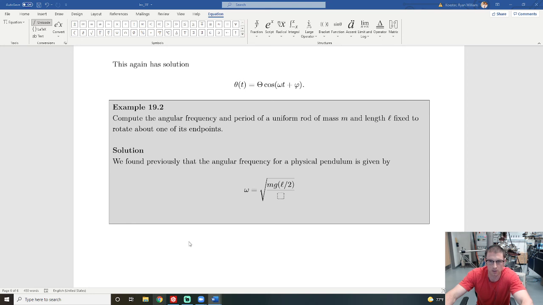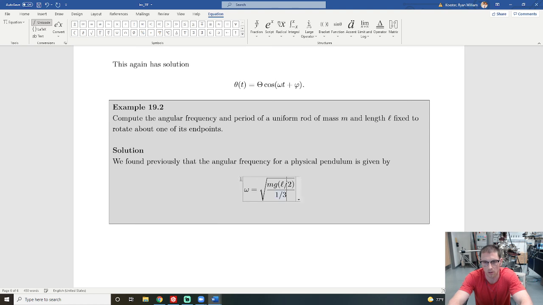This is kind of embarrassing, but I'm pretty sure it's the 1/3 mL squared thing, but I just want to check before I do this. I know it's either 1/3 or 1/12. Let's see here. Yeah, it's 1/3. Okay, cool.